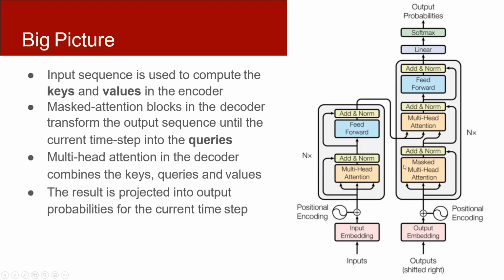We run this through masked multi-head attention, which masks the future outputs, to generate the queries. So the queries come from the decoder, and the keys and values come from the encoder. We run through another multi-head attention and a feed-forward neural network, and then the linear layer and the softmax to generate the output probabilities.